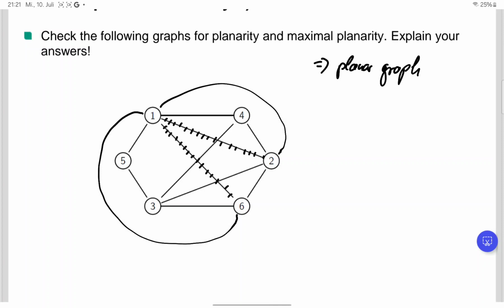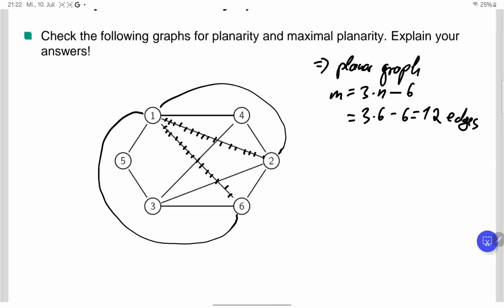So we know if this is a maximal planar graph, then it's also automatically a deltahedron. And we remember from the lecture that in this case the following relation holds. So the number of edges is 3 times the number of nodes minus 6, which in our case, we have 6 nodes, so that means we would need 12 edges.